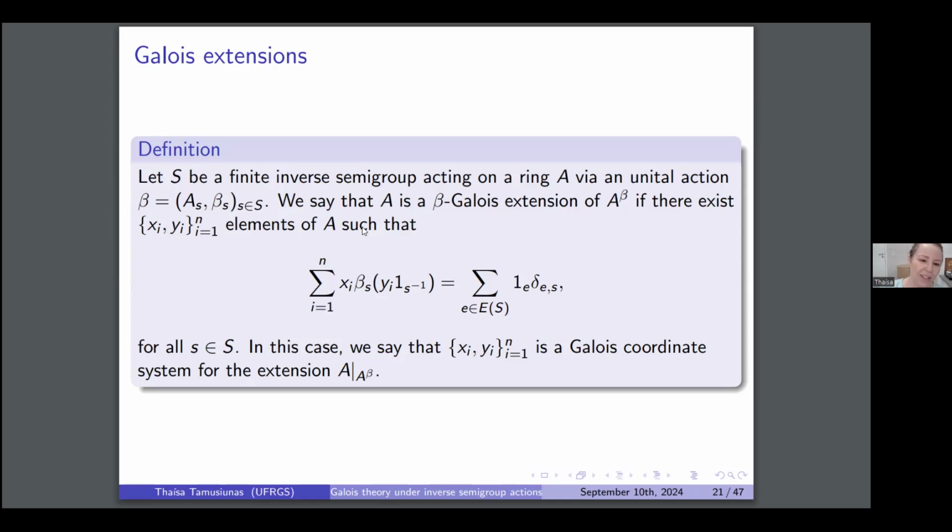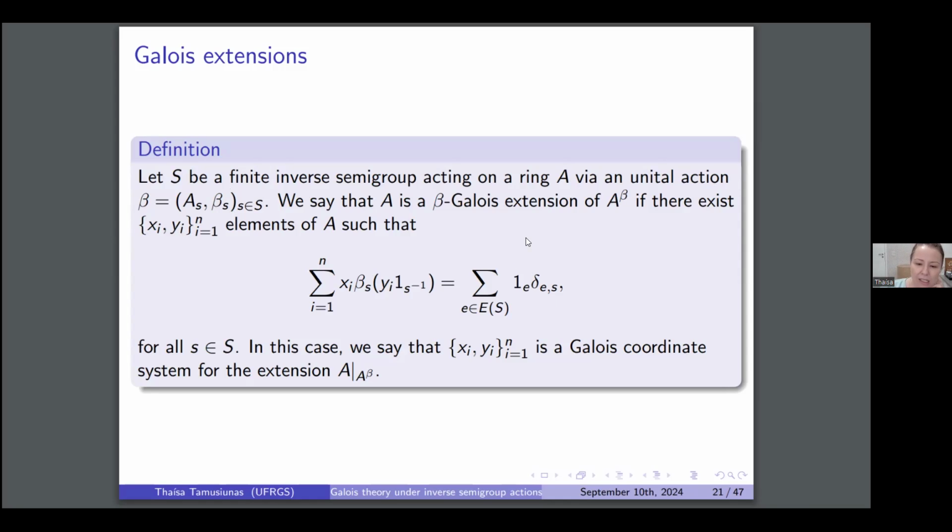And now we have the definition of Galois extension. So let S be a finite inverse semigroup acting on a ring A via a unitary action. And we say that A is a beta Galois extension of A beta if there exist elements x_i, y_i such that this equality holds.